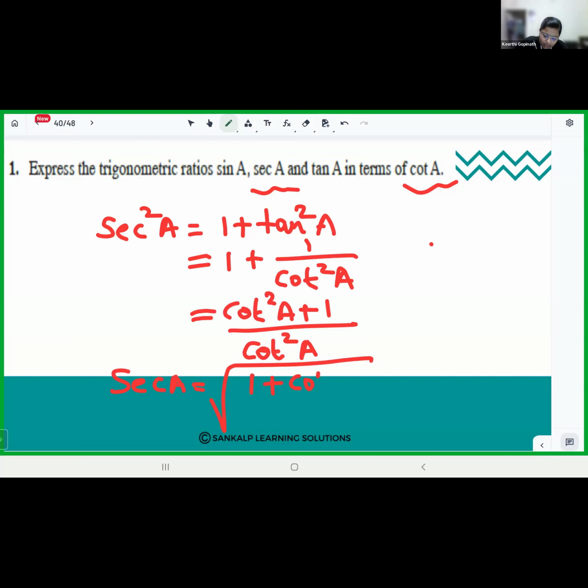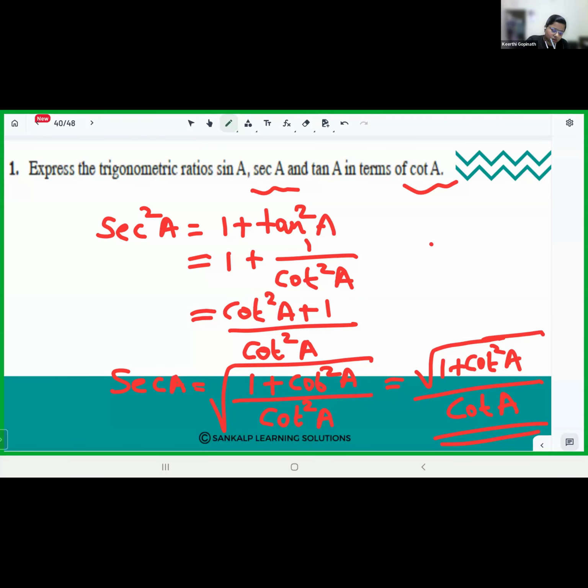So 1 plus cot square A by cot square A. You find separately the square root of the numerator and denominator. The square root of the numerator is root of 1 plus cot square A. And what is the square root of the denominator? Root of cot square A is cot A, right? So we connected sec and cot. We expressed sec A in terms of cot A.